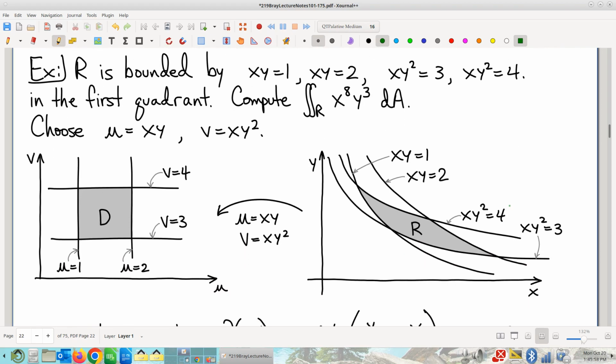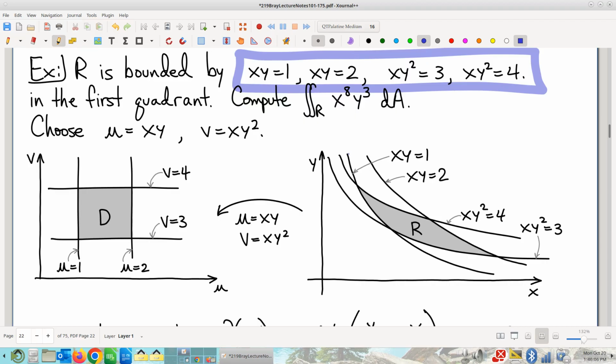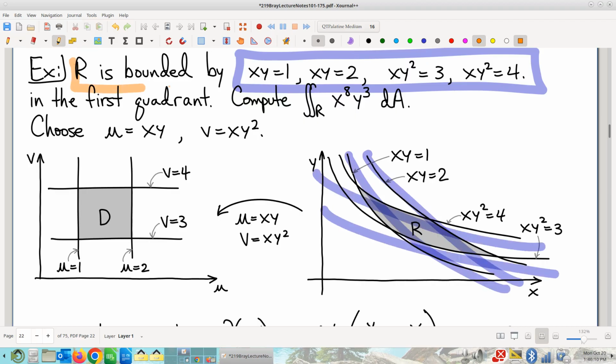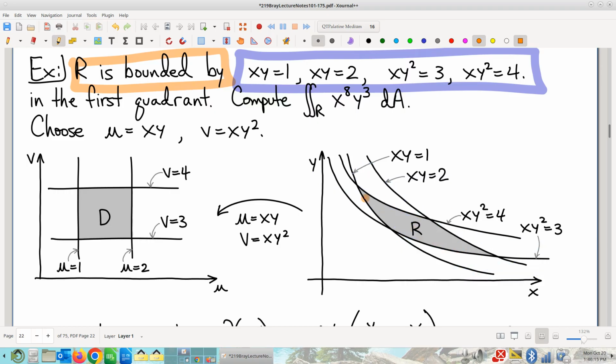Seemingly a weird example, and I'll say another word about that in a moment. But we have these 4 curves. Those 4 curves bound a region. My picture got a little messy. Anyway, it's this region right here, this orange region.